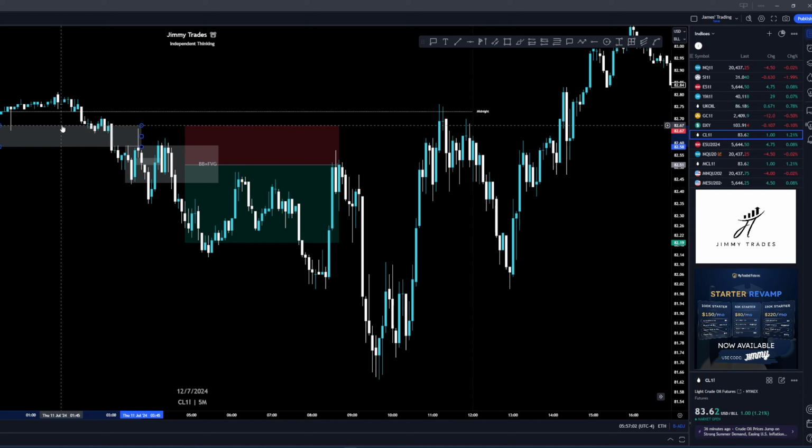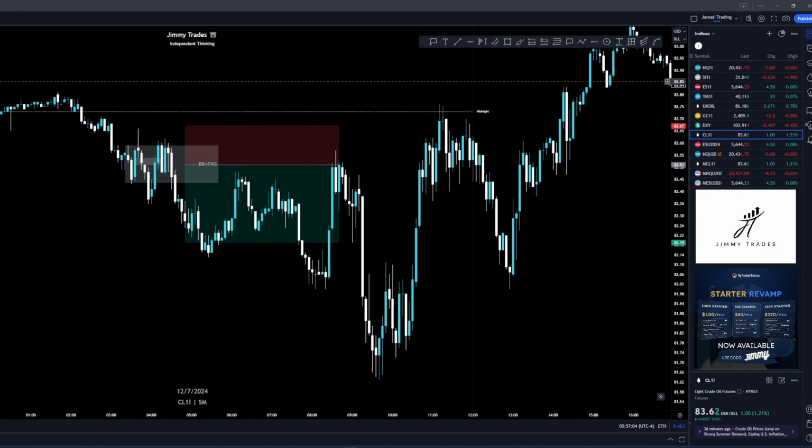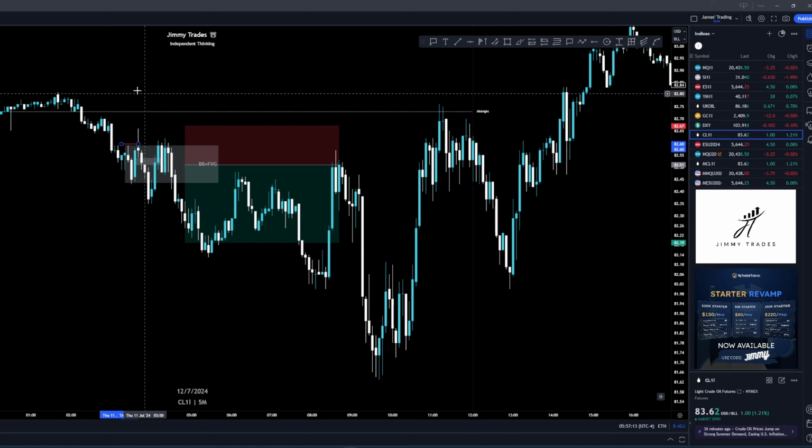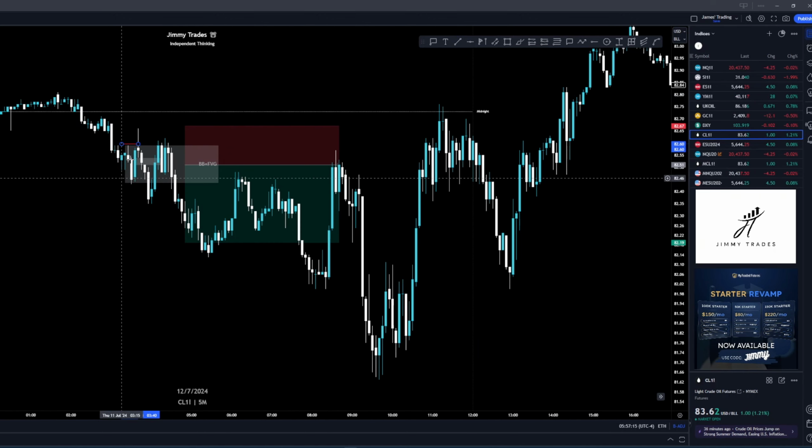So that's why I was interested in this trade. We get our stop hunt into that level, our level of interest, and then we displace through.